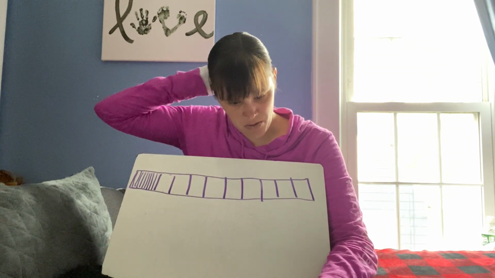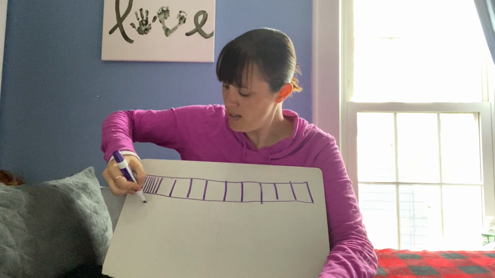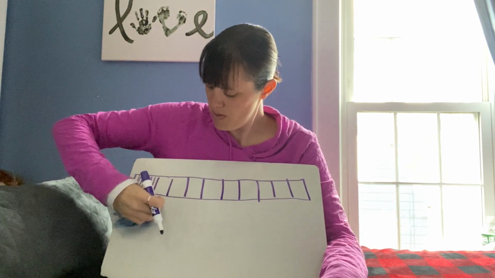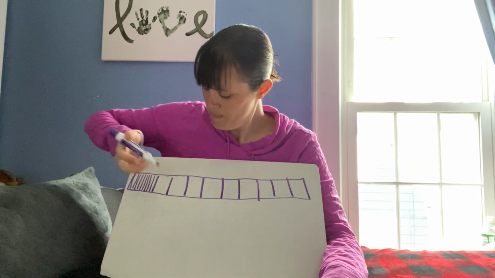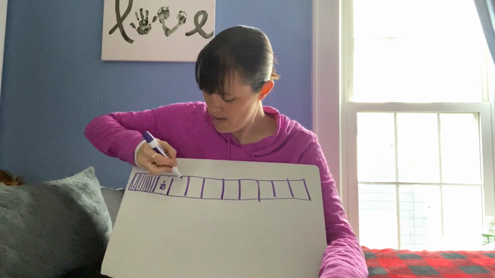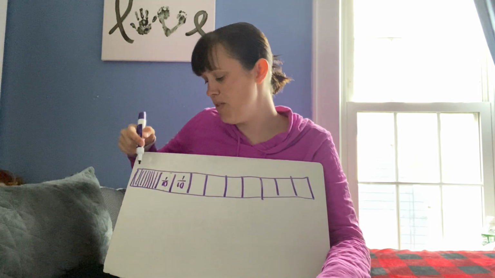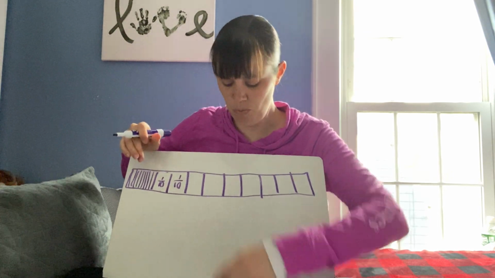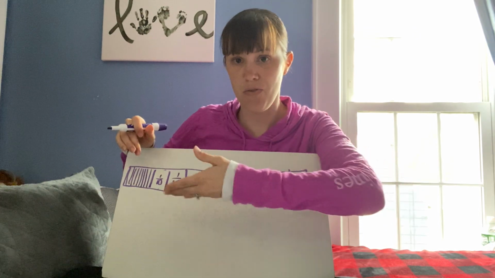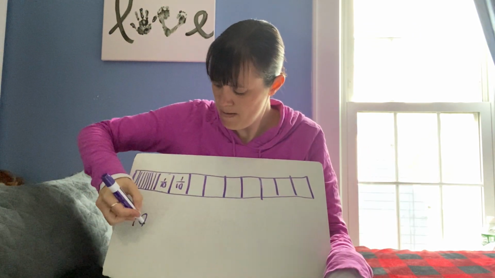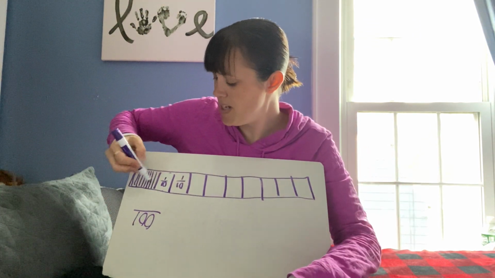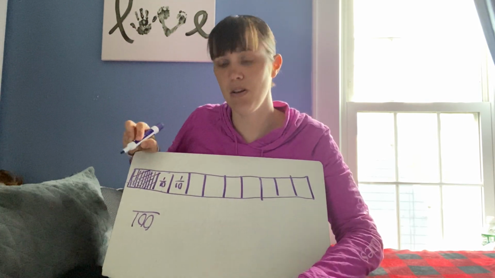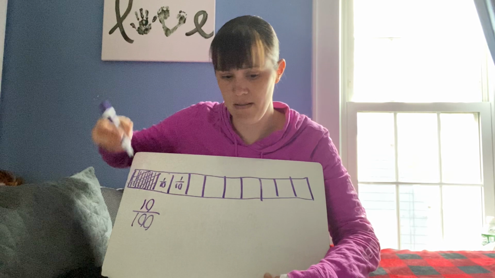1/10 is how many hundredths? Okay. So we know that these are each worth 1/10, right? But if we divide each of these into 10 parts, we'll have 100, right? So if I shade in all of these, how many did I shade in out of 100? I shaded in 10.